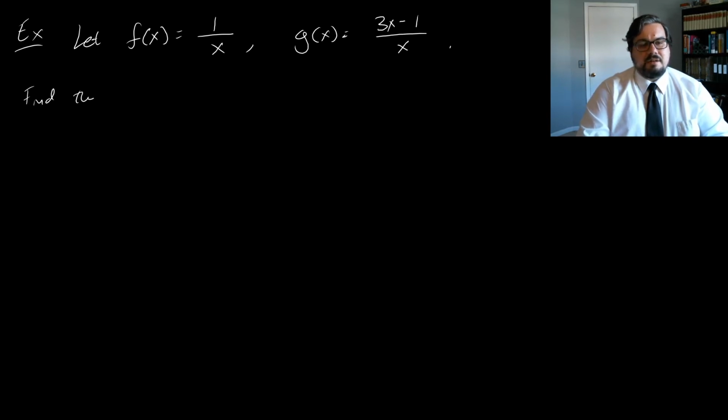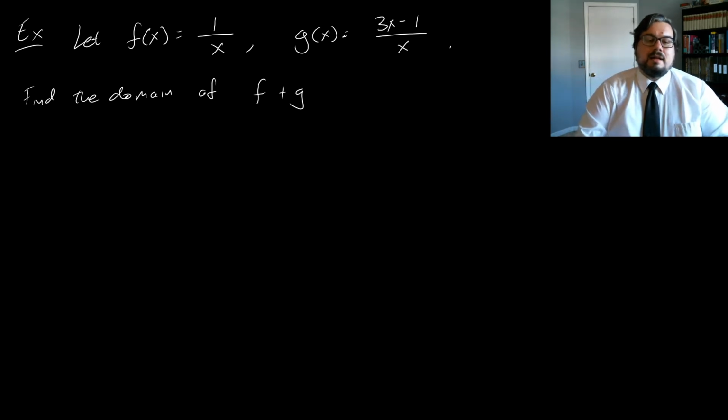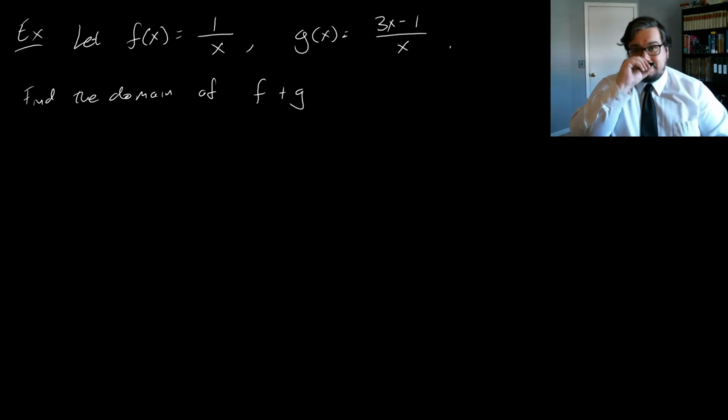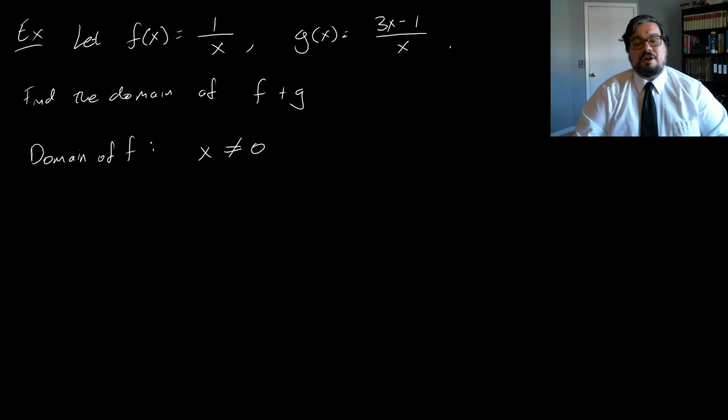Let's find the domain of f plus g. So let's do it the right way, and then we'll see what can go wrong if we don't do it this way. So doing it the right way, we want to look at the domain of f and domain of g separately. Now f, we see, has an x in a denominator, so that tells us that x cannot be 0.